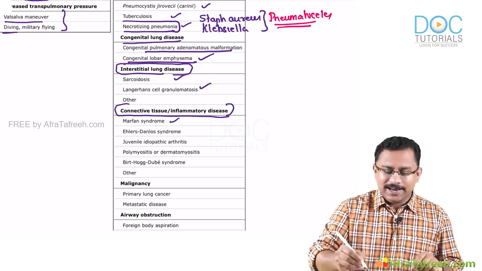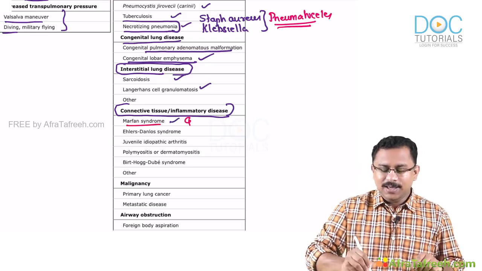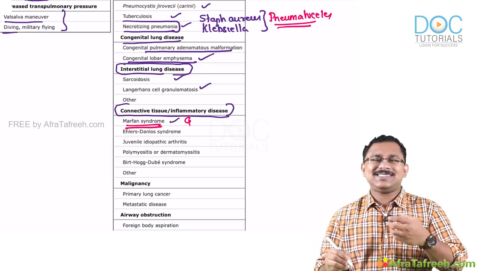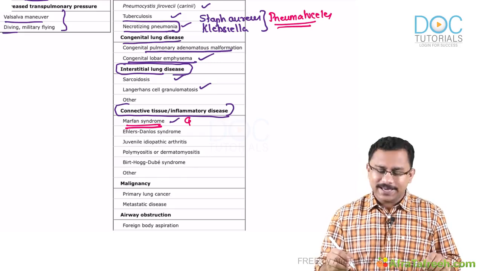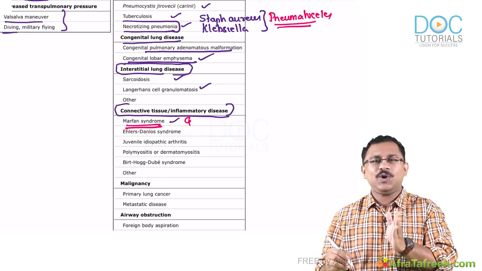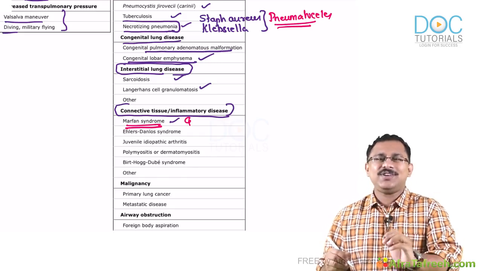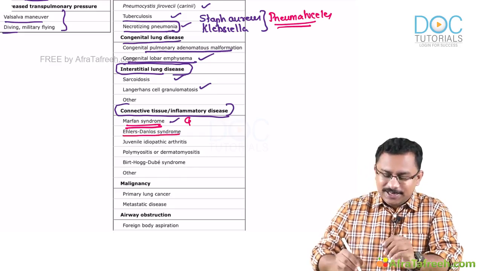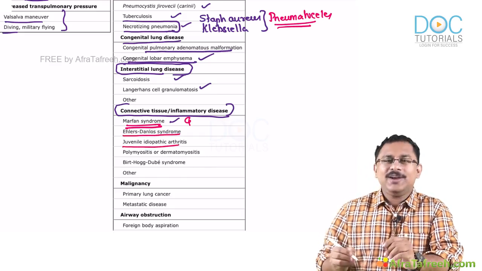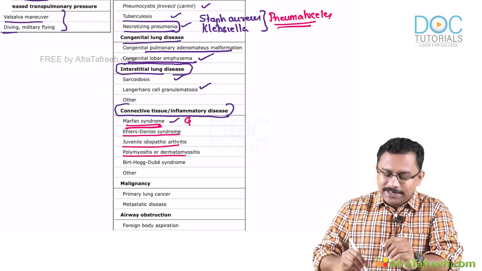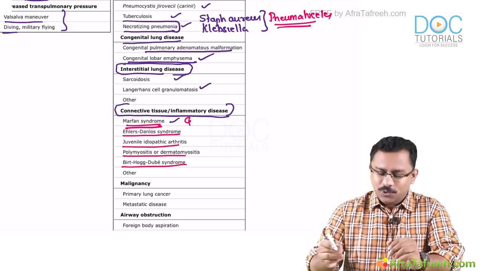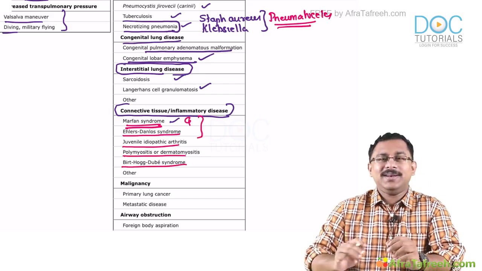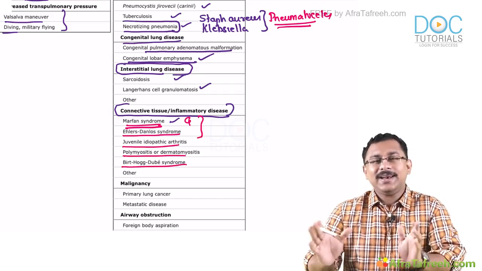Now this can be asked as a question because Marfan's syndrome, they are very likely to have pneumothorax as a complication, and not just Marfan syndrome, other connective tissue disorders like Ehlers-Danlos, juvenile idiopathic arthritis, polymyositis, Bird-Hogg-Dubé syndrome are some of the other syndromes that you should know.